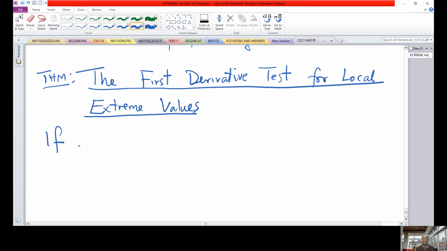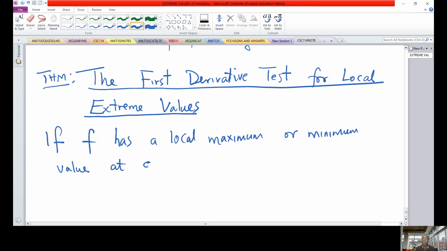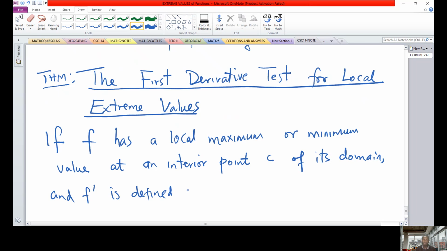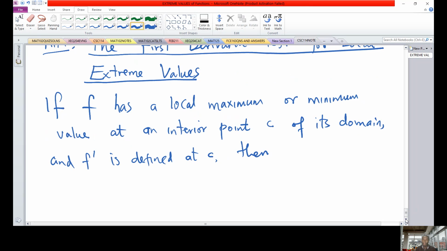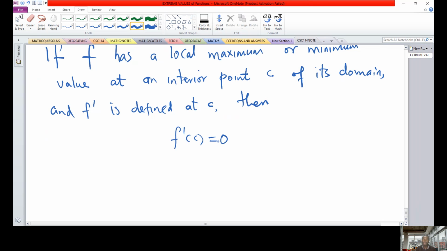If f has a local maximum or minimum value at an interior point C of its domain, and f prime is defined at C, then f prime at C equals 0.